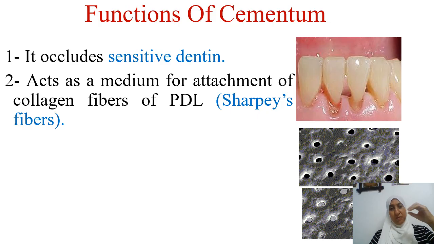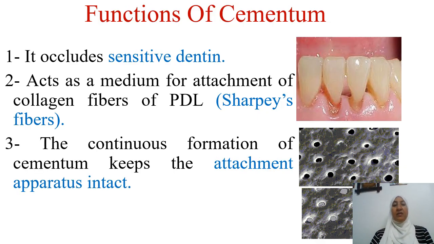As you remember, Sharpey's fibers are the extension of the periodontal ligament fibers into the cementum. Of course, it keeps the attachment apparatus intact. The cementum keeps the attachment of the tooth to the adjacent bone.